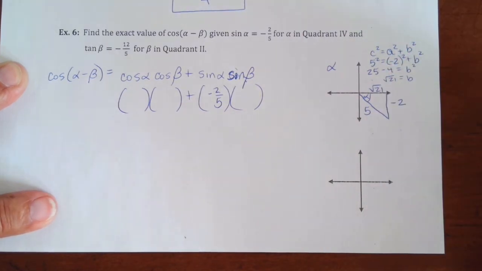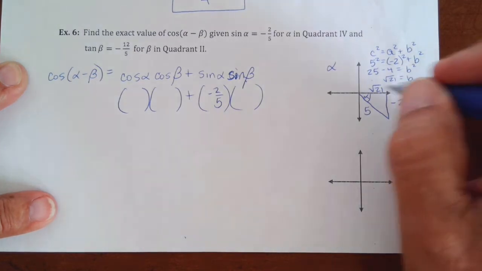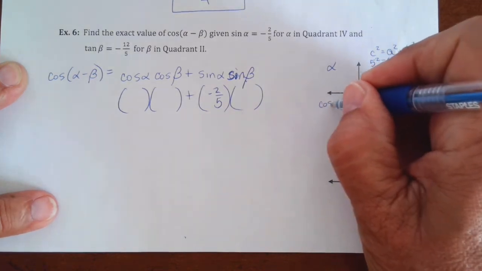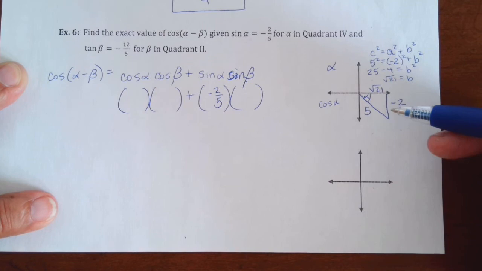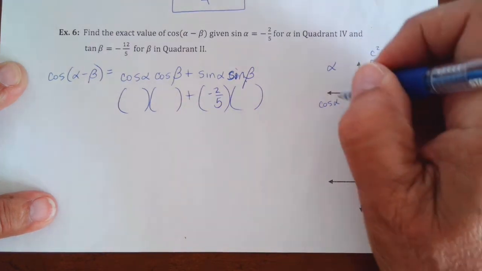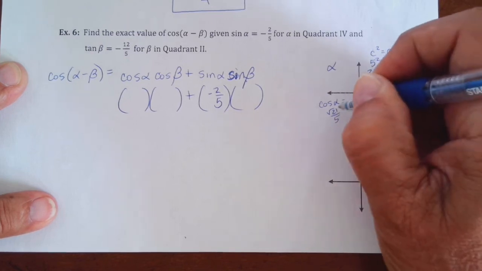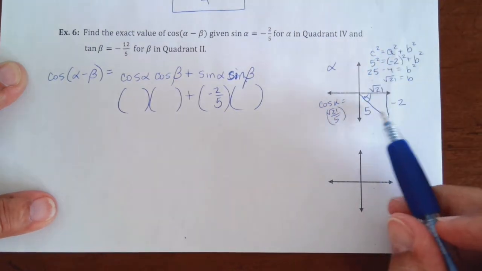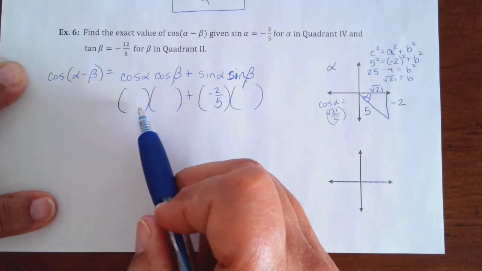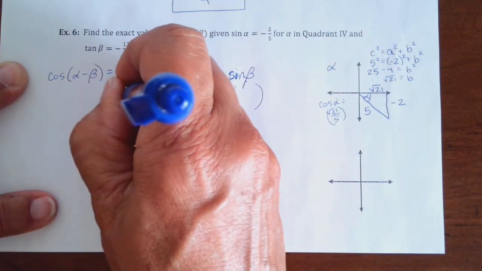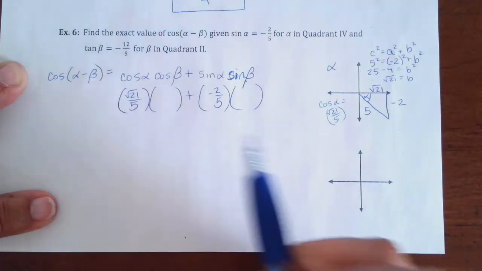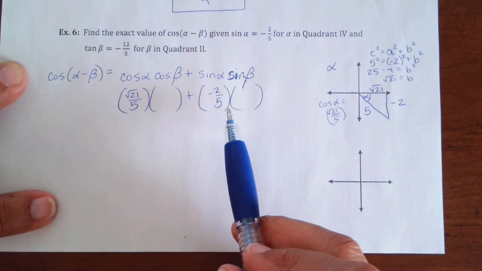All right, so now I know that the cosine of alpha, in the 4th quadrant, cosine is positive, okay, which is the adjacent side over the hypotenuse. So that would be the square root of 21 over 5. That's the cosine of alpha for this angle. So now I know that is the square root of 21 over 5. So all I need is what I need for this problem.